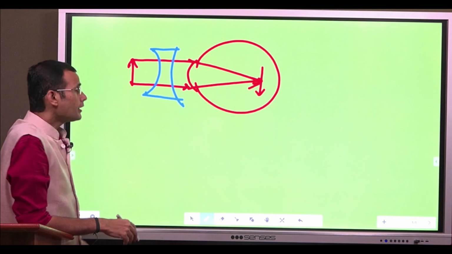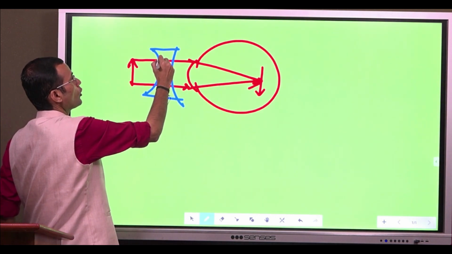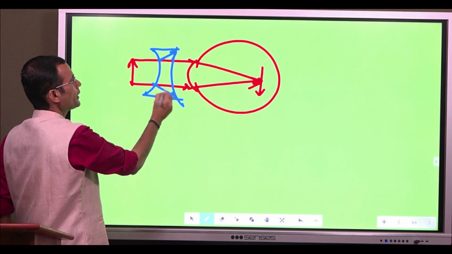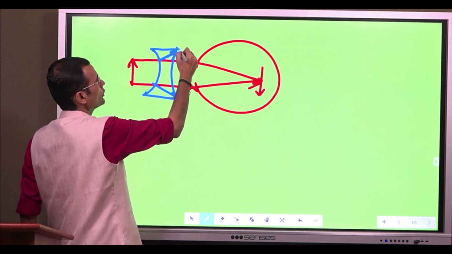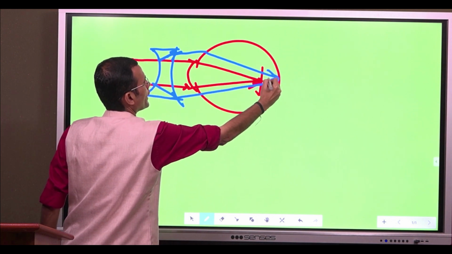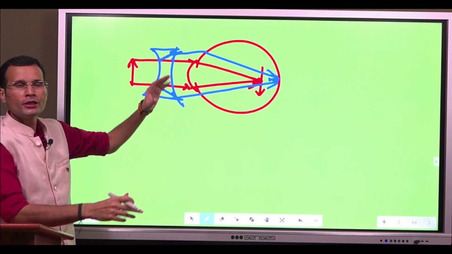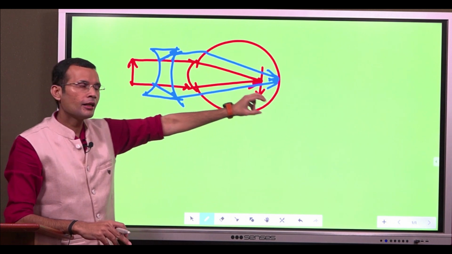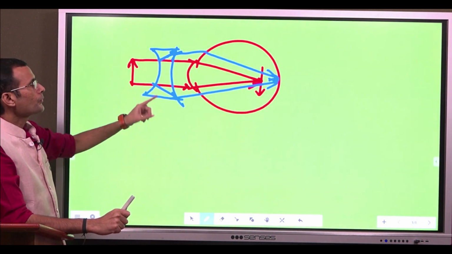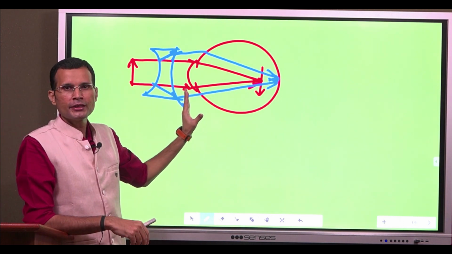And as you are aware, concave lens will cause divergence of the rays. The light rays will diverge, and then when they enter the eye they converge and focus on the retina, and the image will start forming on the retina again. So this is just a diagrammatic representation.